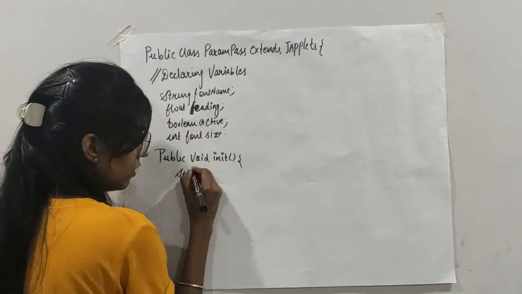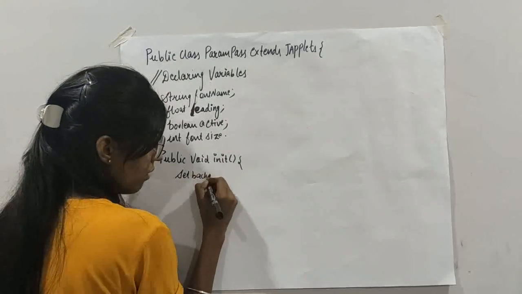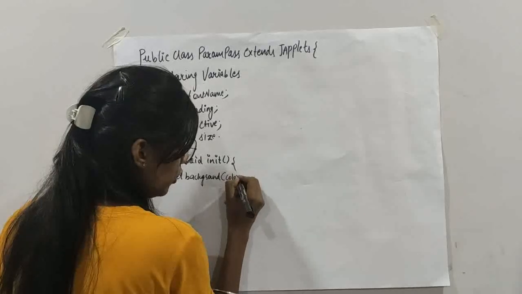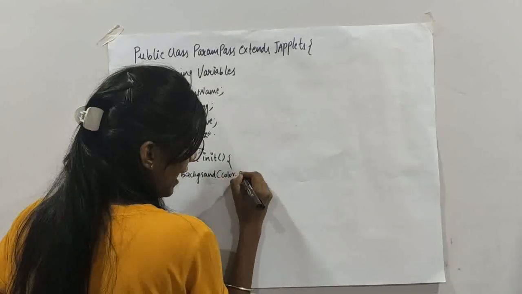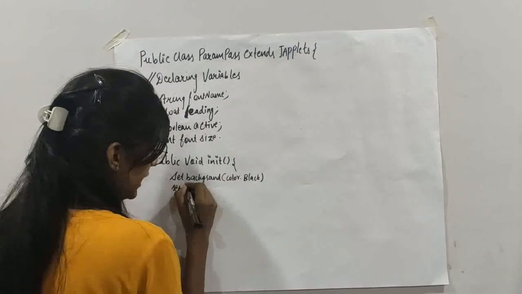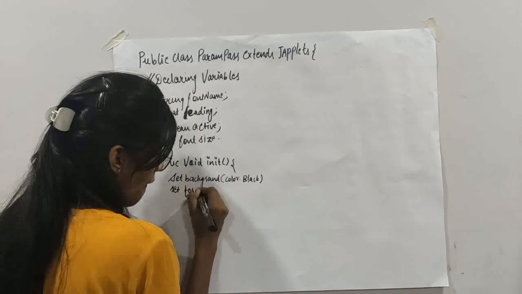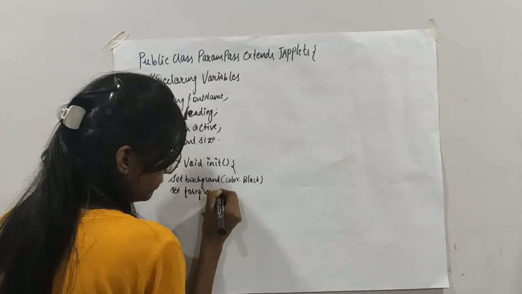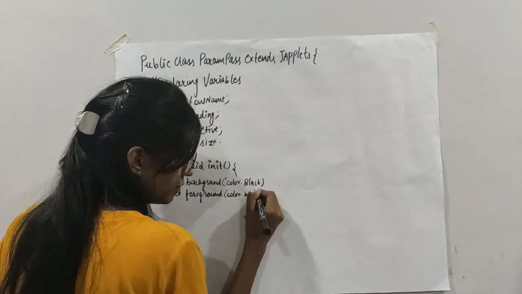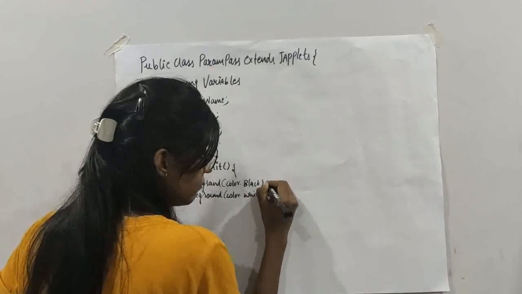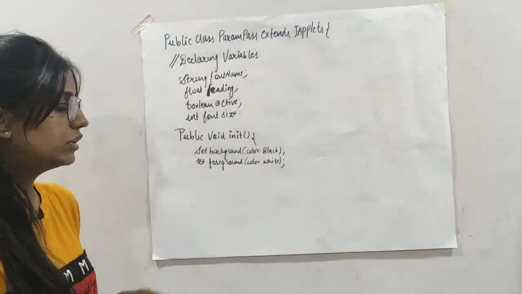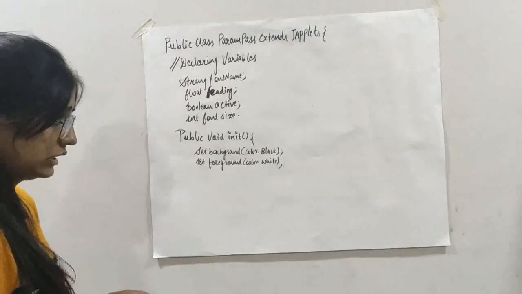Set background color black, set foreground color white. The init method is used to initialize the background color, foreground color, font size, font color, etc.